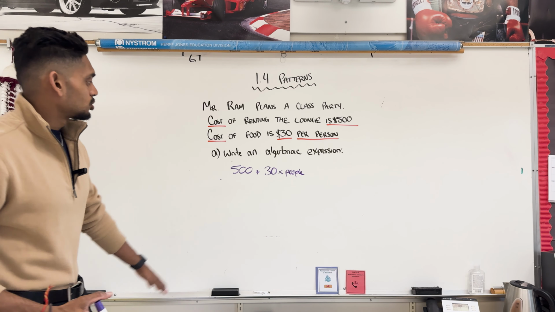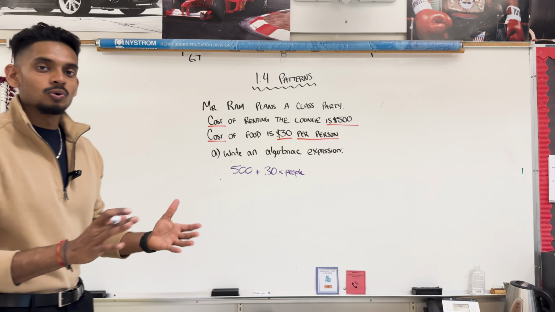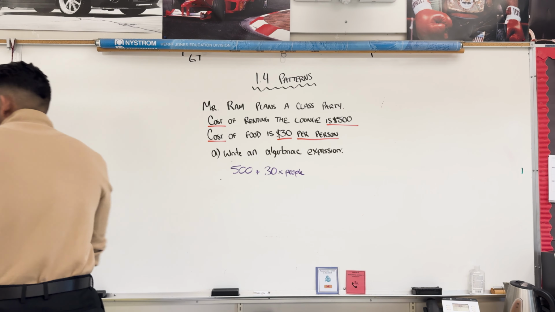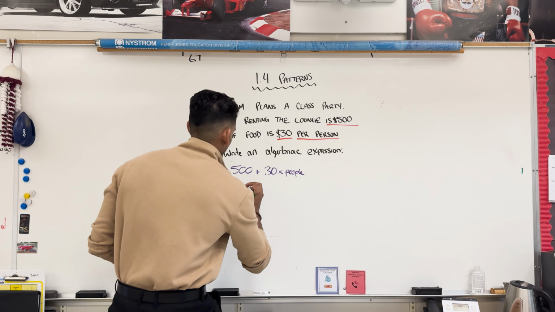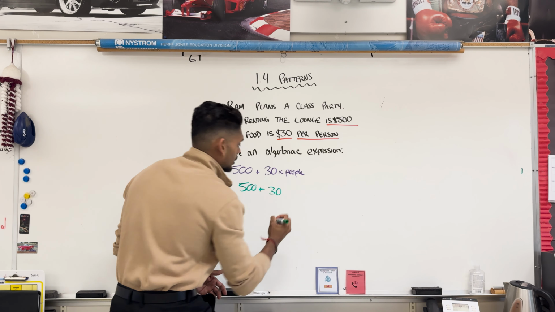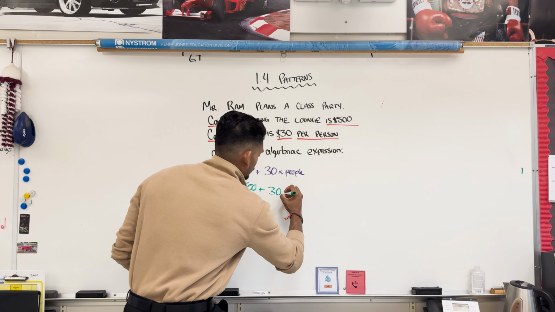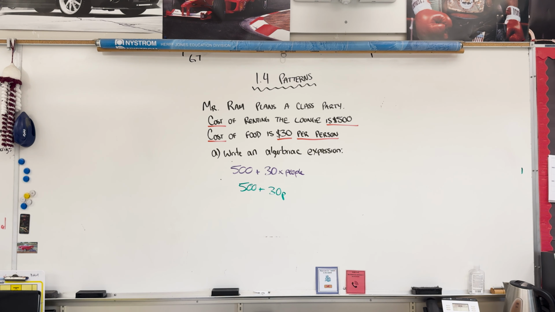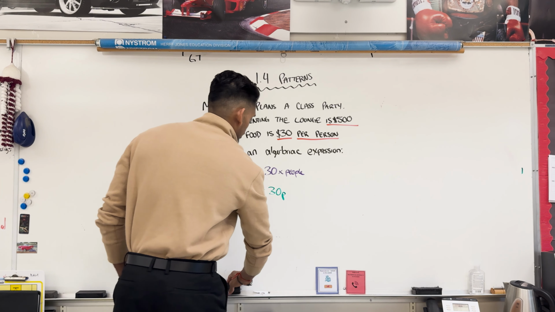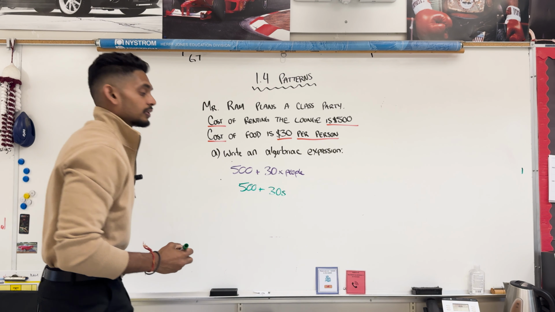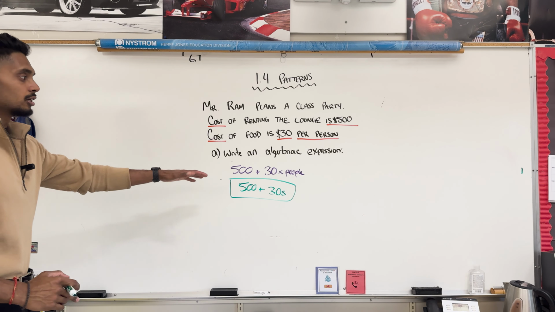No. There's too many symbols going on, too many letters. Let's simplify. As mathematicians, we hate wasting our time. Let's go quick. So I got an initial cost of 500 plus 30, right, times number of people. I'm going to use P. P for people. Or you can do S. It doesn't matter. Use whatever you want as long as it's clear. S for students. That is our algebraic expression.